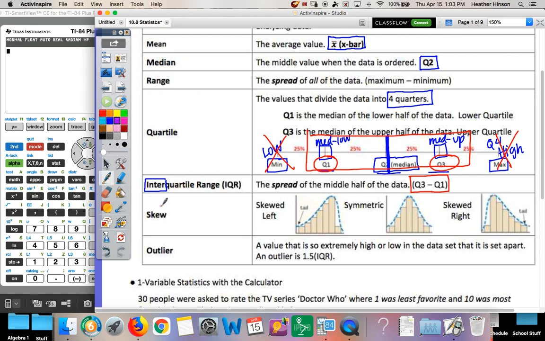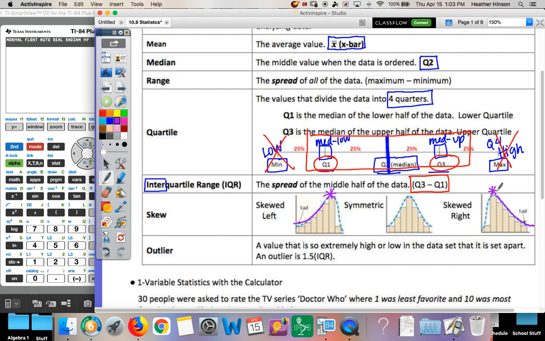If your graph or your plot or whatever we're looking at is skewed, it can be skewed to the left, which means all your data is over on the right, but your tail comes off to the left. It slides off to the left. If it's skewed to the right, that means it's going to slide off to the right. That's where your tail is going to be.